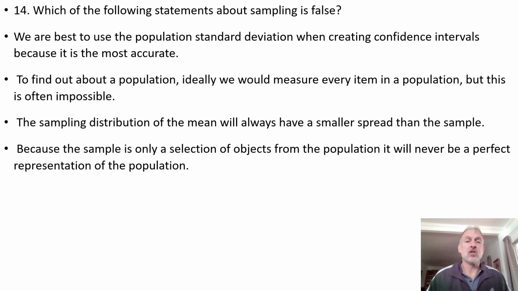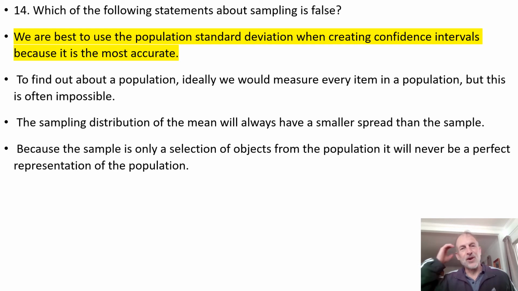The sampling distribution of the mean will always have a smaller spread than the sample. Because the sample is only a selection of objects from the population, it will never be a perfect representation of the population. So just find the statement about sampling that is false. Pause the recording, first do it, and then resume.